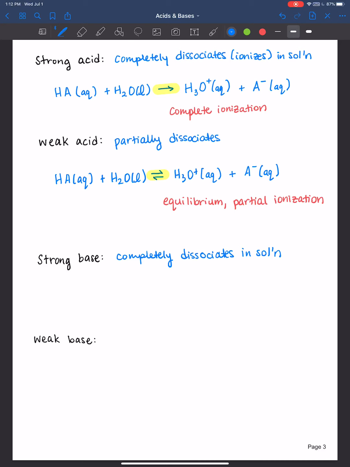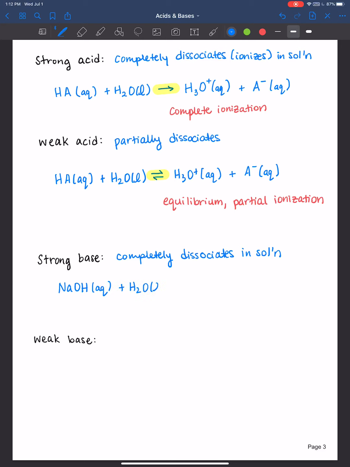The only types of bases that we'll be working with mainly are hydroxides. Those are the group 1A and group 2A. Hydroxides are the strong bases. And then we will work with some weak bases, mainly nitrogen-containing weak bases like ammonia and its derivatives. So in this case here, I'm going to show you an example. Sodium hydroxide, which is a very common strong base that we come across.